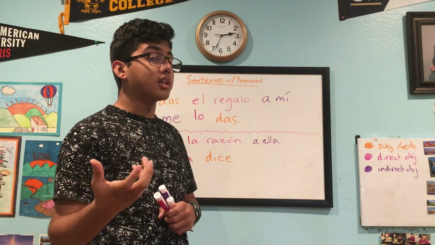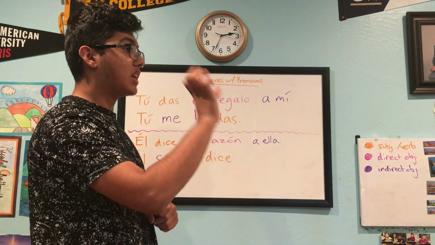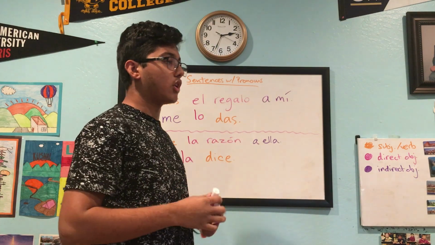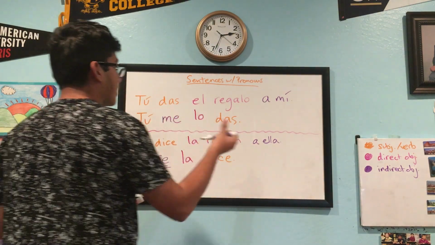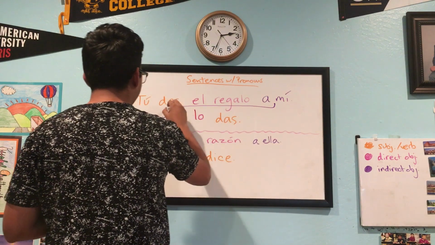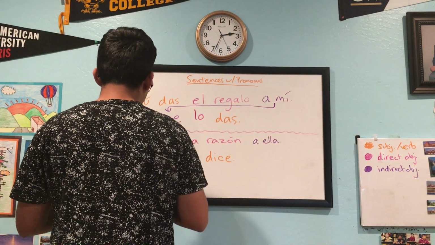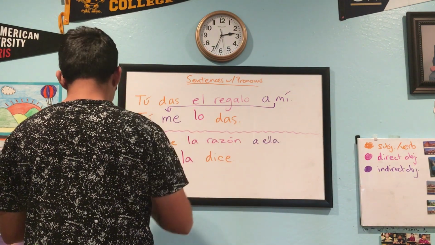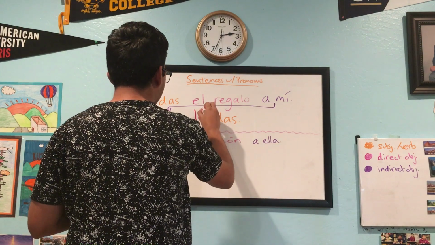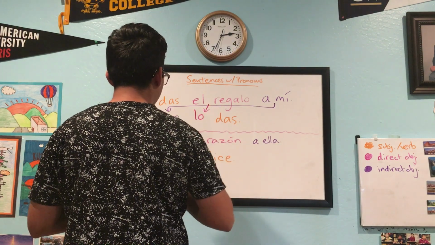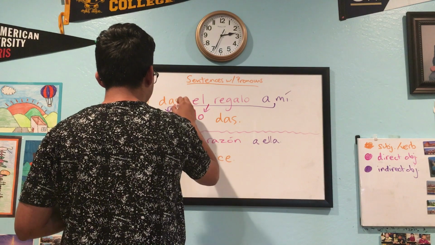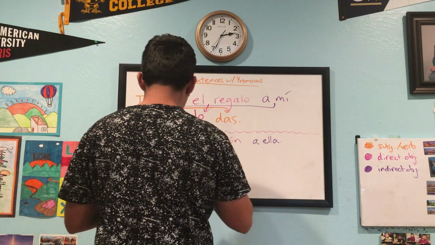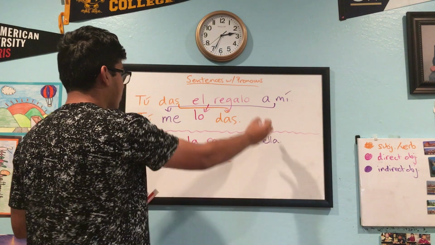Next comes the direct object, which is the present. That comes after the indirect object, and then comes the verb. So the indirect object goes all the way to the front, right after the subject. So, me. Then the direct object stays in the same position in the middle, and then the das goes all the way to the end.